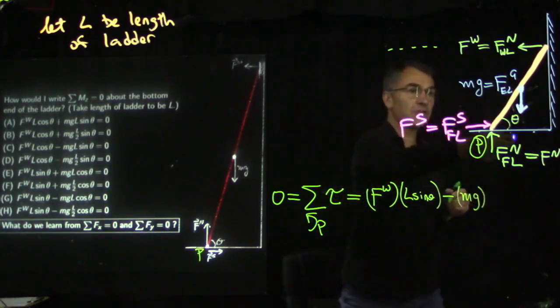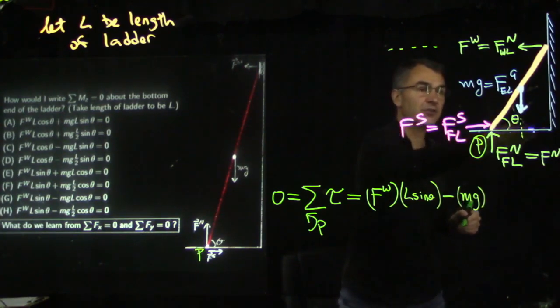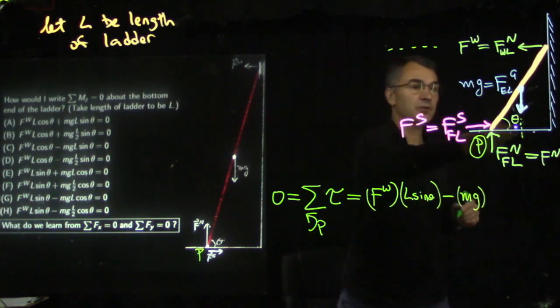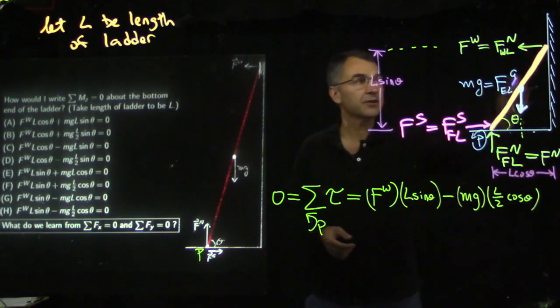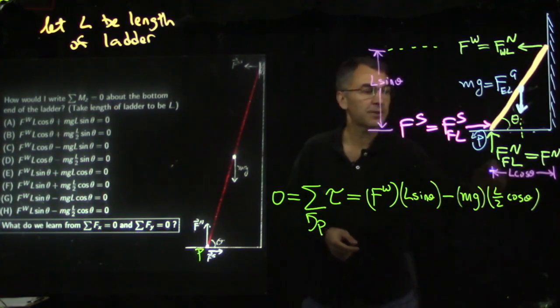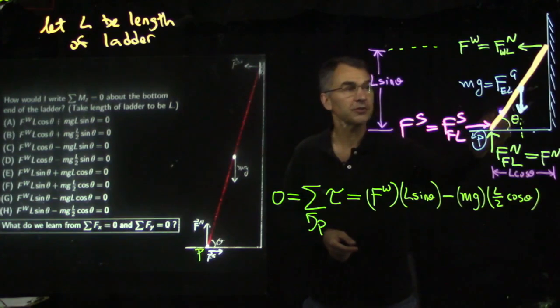That's a vertical force, so we want the horizontal distance between the line of action of that force and the pivot. That would seem to be 1/2 L cosine theta. L cosine theta is the distance from here to the wall, so this must be halfway. Once again, if the length of the ladder is L, then this vertical dimension must be L sine theta, and this horizontal dimension must be L cosine theta if we're measuring theta from the horizontal up to the ladder.